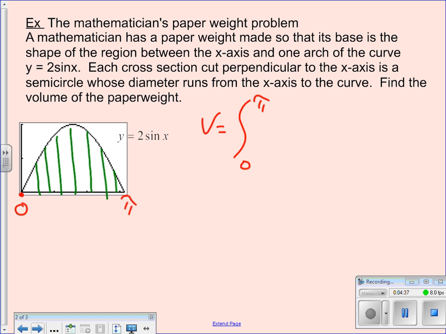This is where every slice would be, perpendicular to the x-axis. If I were to take this piece of bread and lay it along the x-axis, how did I slice it? I sliced it perpendicular to the x-axis. That's what we're doing here. Each one of these slices is a semicircle.